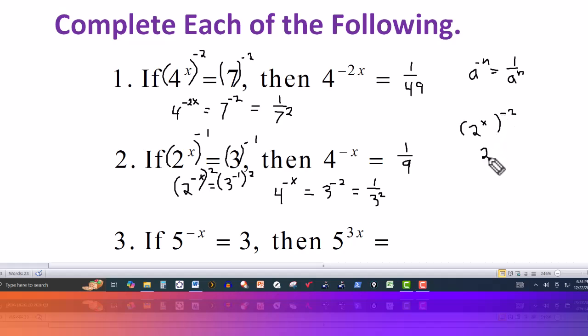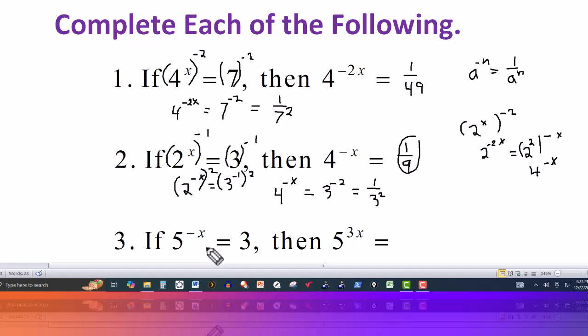So this would be 2 to the negative 2x, and then this would equal 3 to the negative 2. Still the same thing, because 2 squared is 4, and then you have the power 4 to the minus x. So it can be done that way also. Either way, the response we wanted on this one is 1/9.